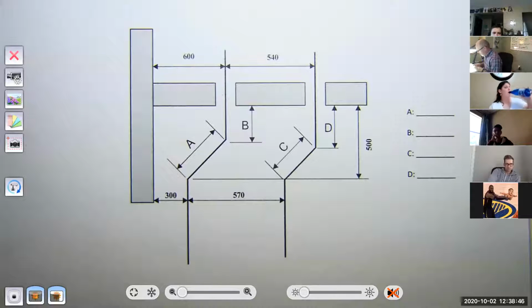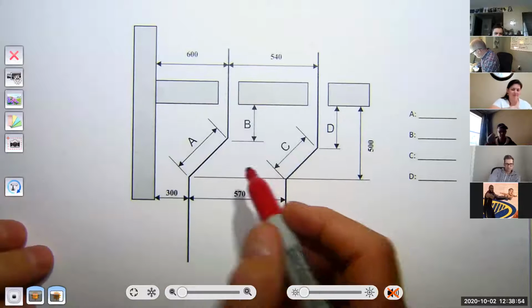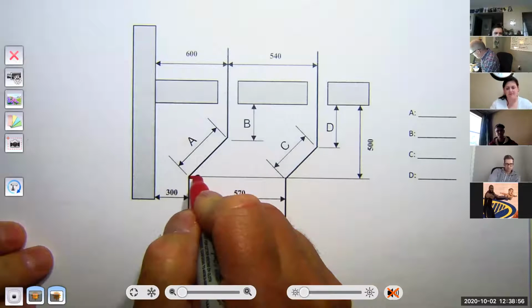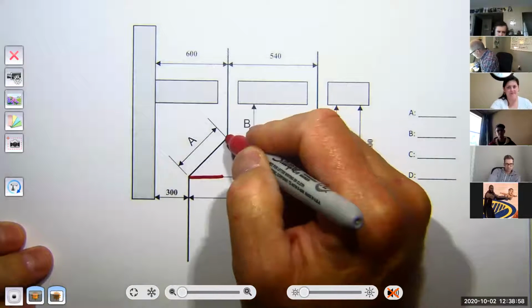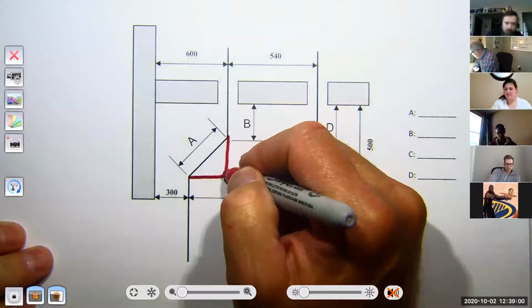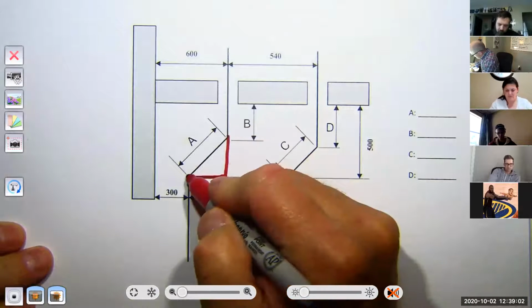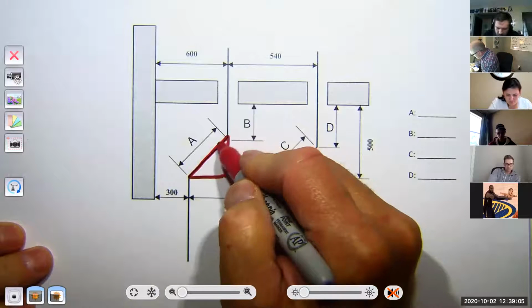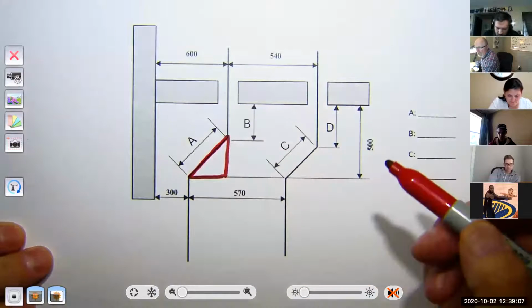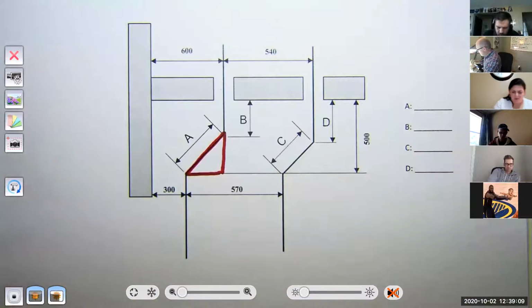So to solve for this one, I'm going to solve for A first. I'm going to freehand this without a ruler, so hopefully you can follow along. There's my right angle triangle. A is the travel. The measurement that I'm trying to find, A is my travel.